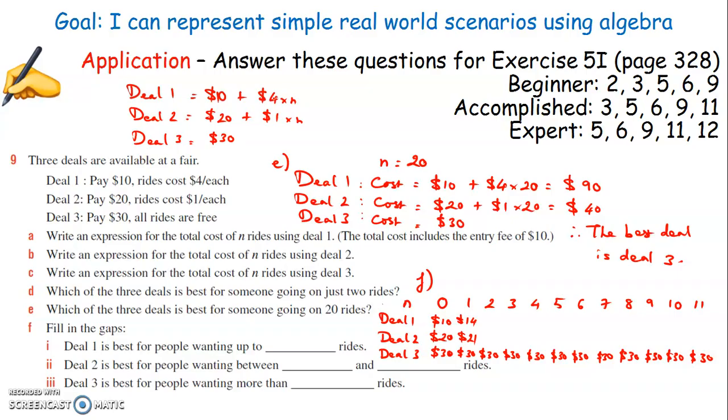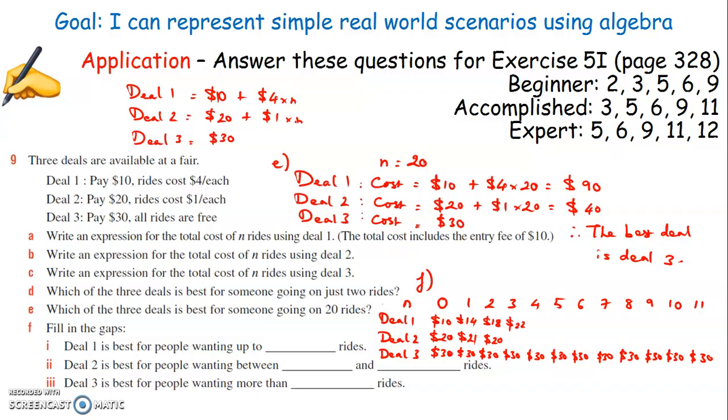For 2 rides, for deal number 1, it's 4 times 2, that's 8, plus 10 is 18. For deal number 2, 2 times 1 is 2, plus 20 is 22. Now you can probably see a pattern, but I'm going to do one more, for 3 rides. You have 3 times 4, that's 12, plus 10 is 22.